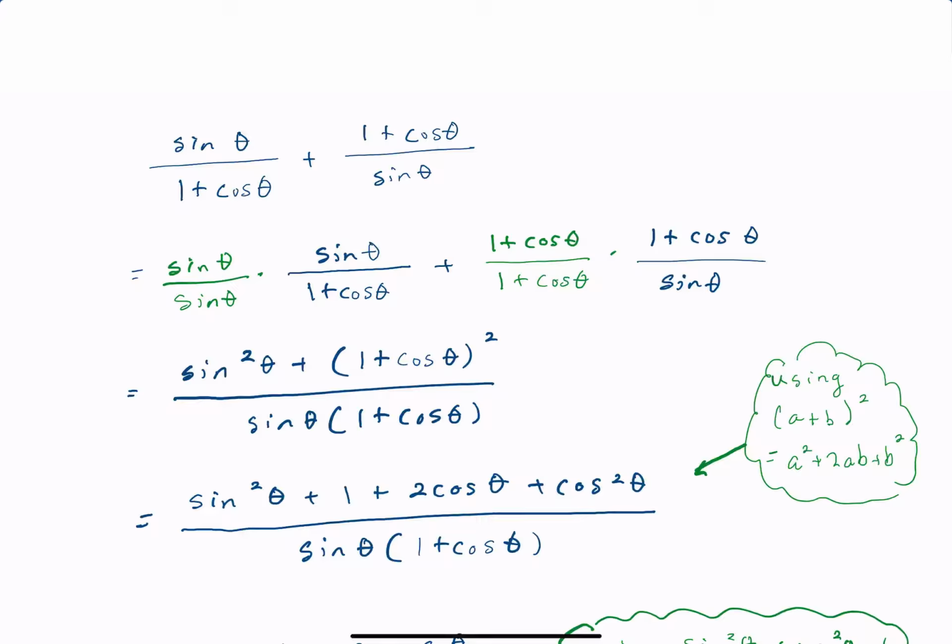Notice that there's a sine squared plus a cosine squared. That's something to always watch out for, because sine squared plus cosine squared equals 1. If it helps you to move that cosine squared over next to the sine squared, that's fine, but I'm not going to bother to do that.